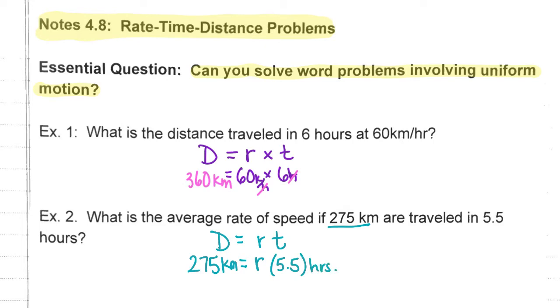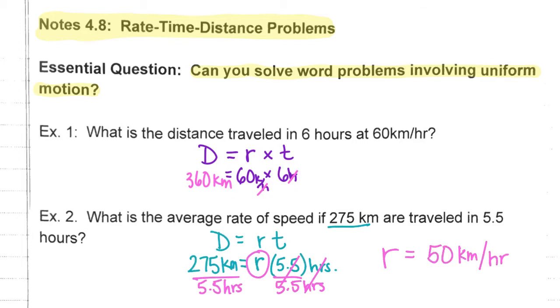All right, so notice I have to divide each side through by 5.5 hours. What I do to one side, I do to the other. And notice my rate is equal to 275 divided by 5.5, which is 50 kilometers per hour.